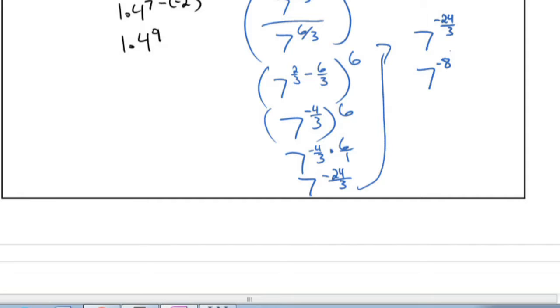And I know I can't leave my answer as a negative, so I have 1 over 7 to the power of 8.